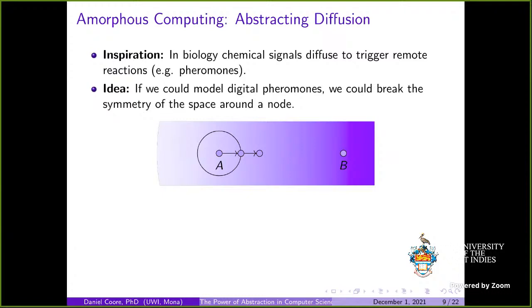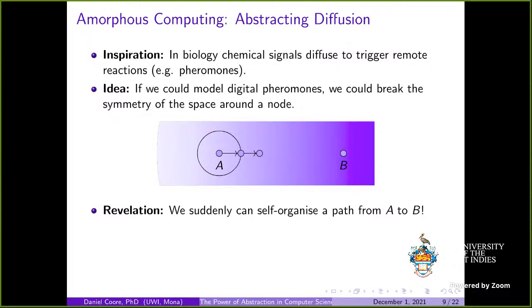One, the main one, is that diffusion could provide a way to break this symmetry. And once I've broken the symmetry, then the idea of selecting a neighbor and repeating the process allows me to construct a path. So I could essentially self-organize a path from A to B if I could arrange for this kind of diffusion to happen.